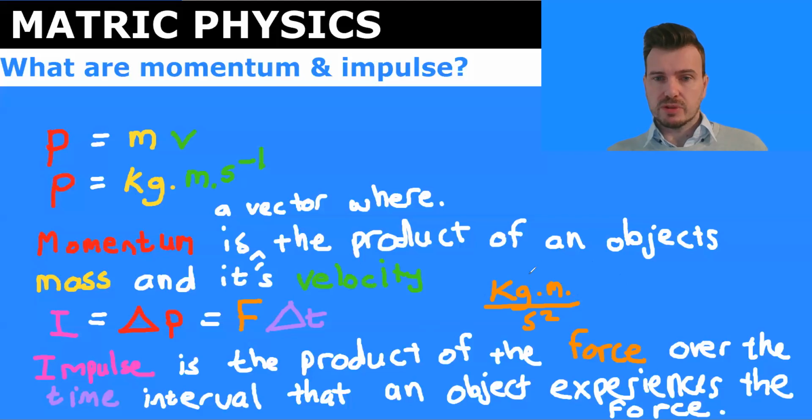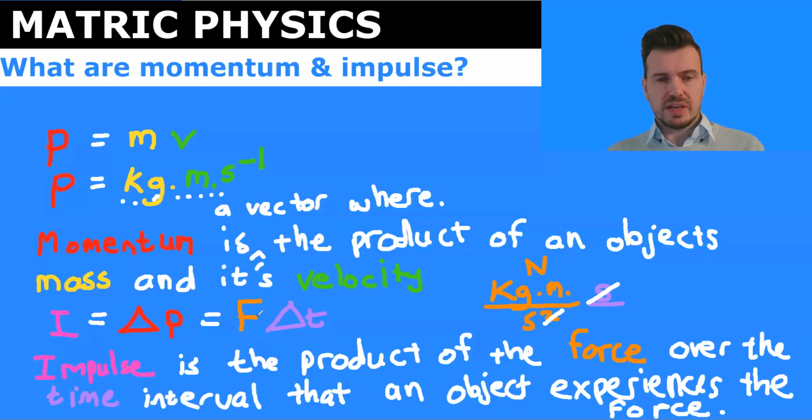Now we also know that force is in newtons. But I just want to show you how it relates to momentum first. And then time is in seconds, so times s. And we see that we can cancel this s with one of the s's down here, and we get kg meters per second, which is exactly the same as the units for momentum.